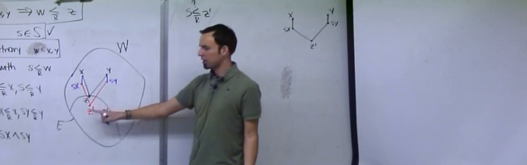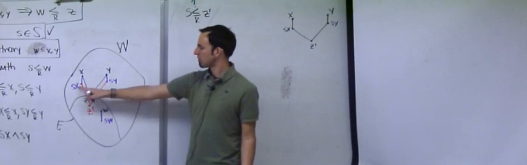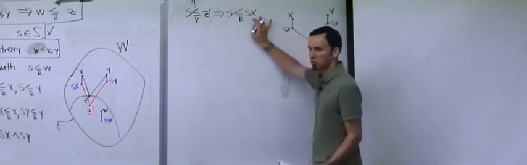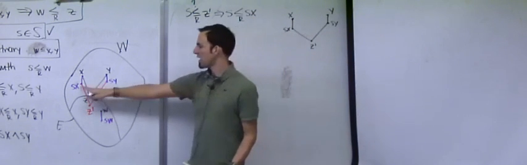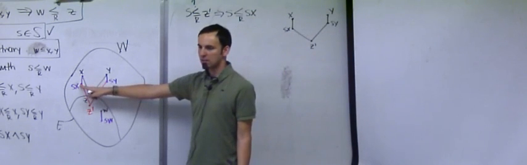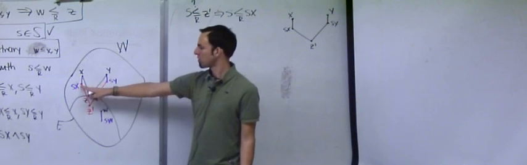Well, the thing is, if s was less than or equal to z prime, then s would be less than or equal to sx. If this was true, then this would be true. And if this were true, that would mean that when I multiply sx by s, I would become smaller, but actually I become bigger. This is not true, since x is bigger than sx.